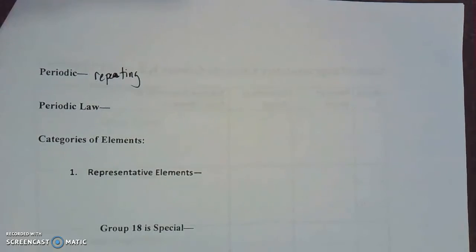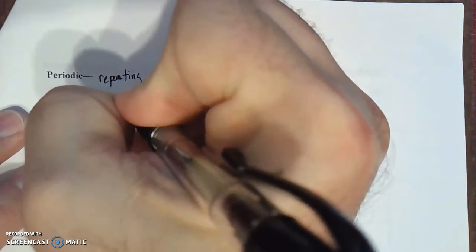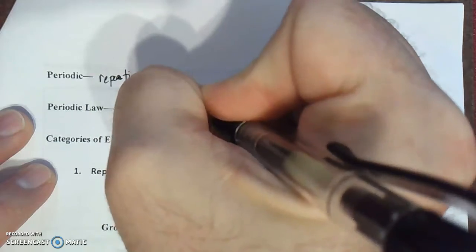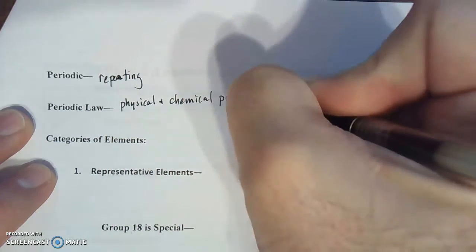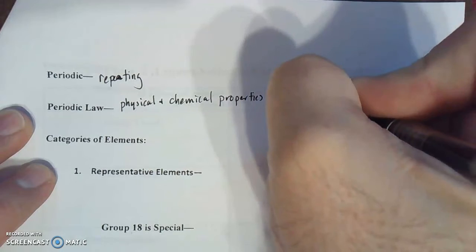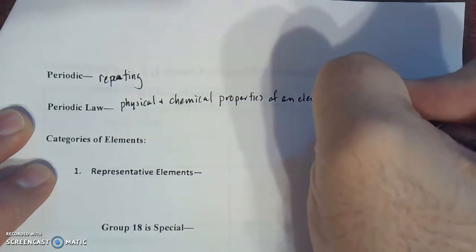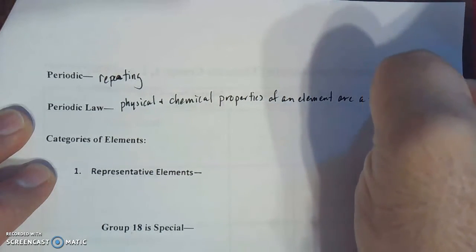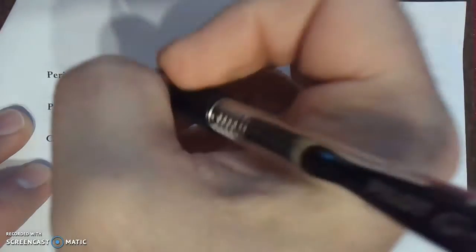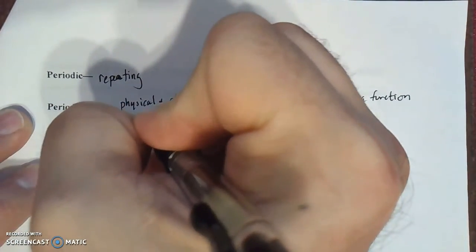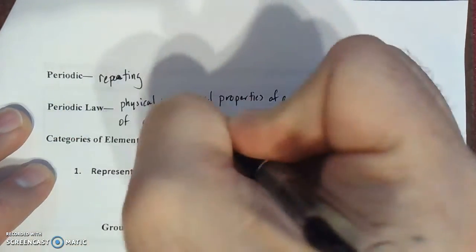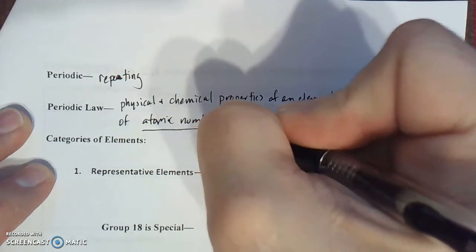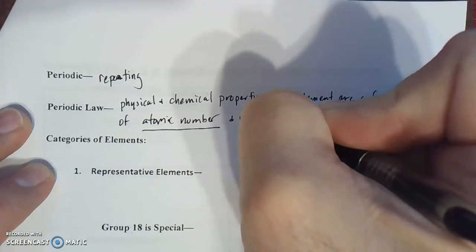And the periodic law states that physical and chemical properties of an element are a function of atomic number and valence electrons.